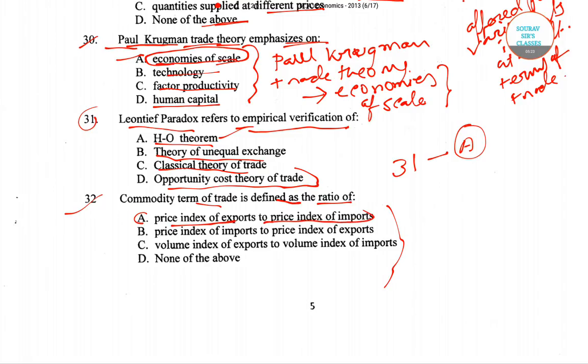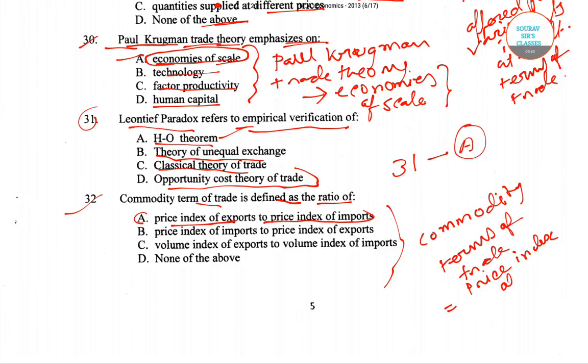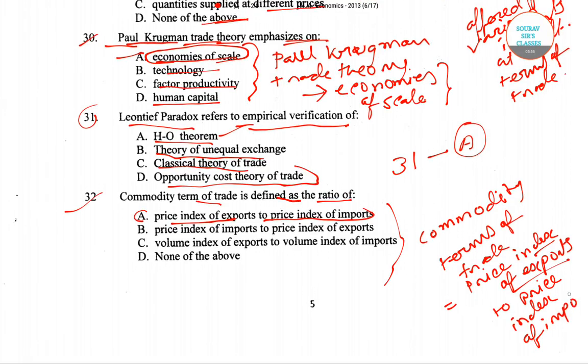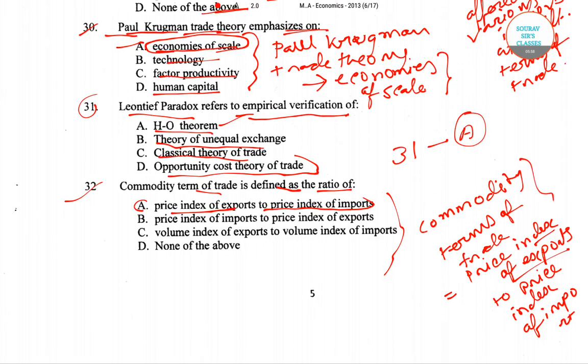So commodity terms of trade is defined as price index of export to price index of import.